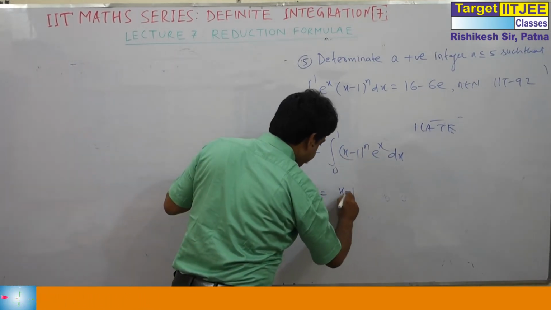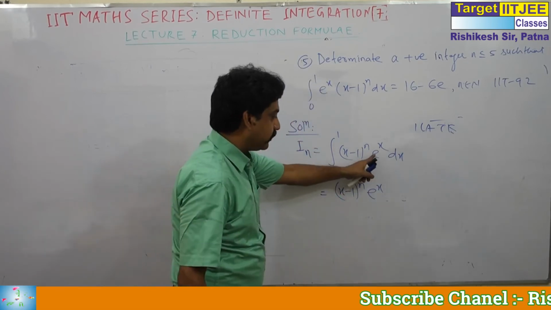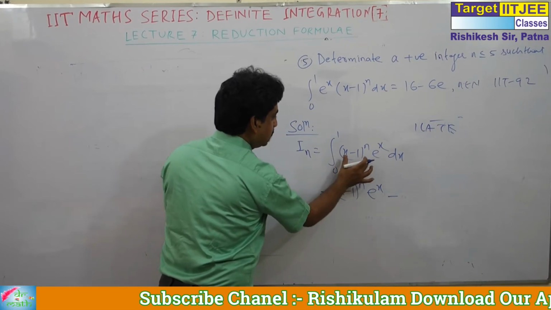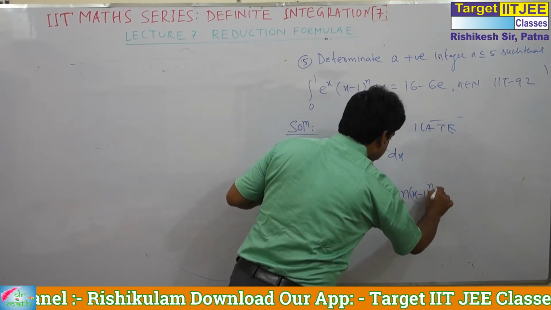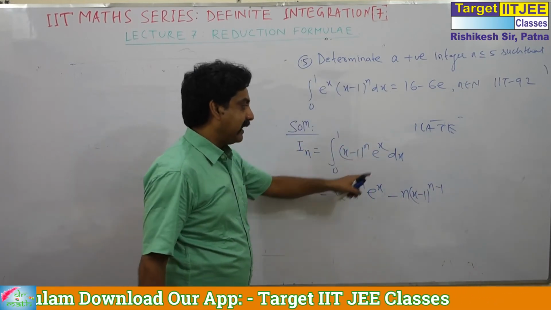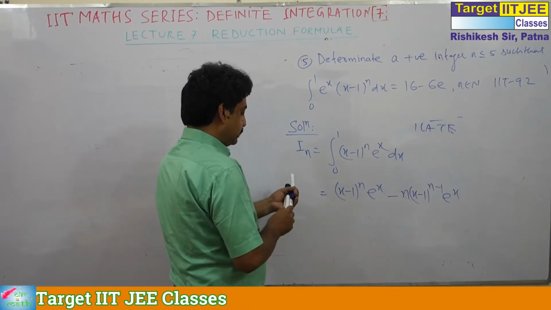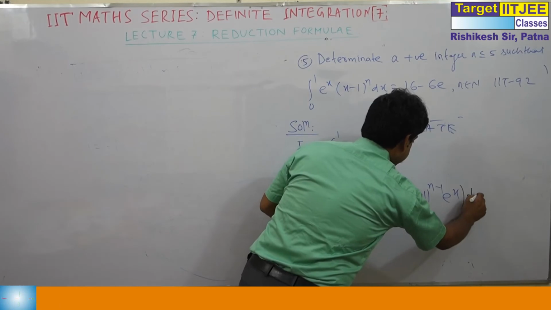First function into integration of second function, the integration of e to the power x is e to the power x, minus the differentiation of first function. What is its differentiation? n times (x minus 1) to the power n minus 1, into the integration of second function. This is e to the power x. Next.